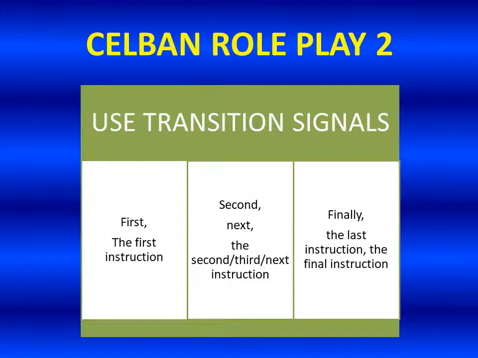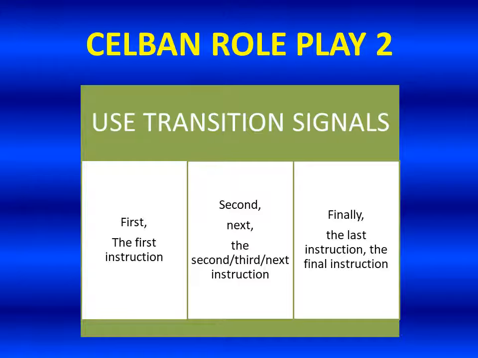It's important to emphasize the importance of using transition signals as you try to complete role play number 2. Transition signals are words such as first, second, next, finally, words that help people see that you are moving from one point to the next. So you can start by saying, first, make sure that you blah blah blah.